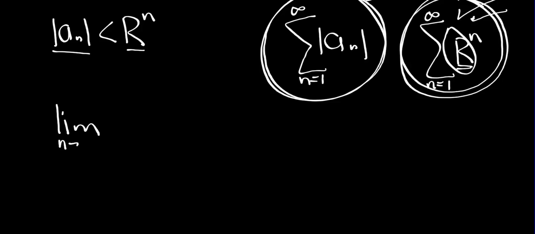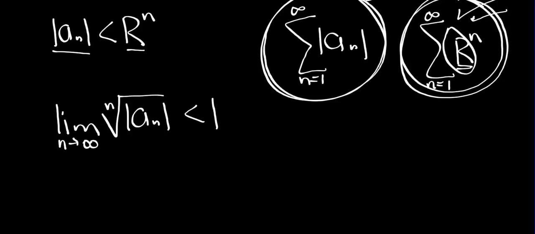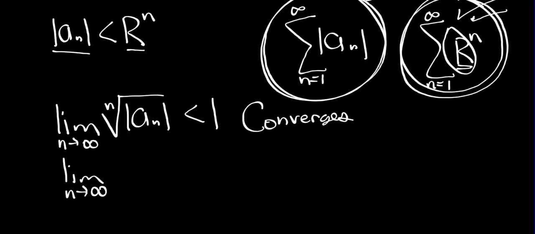So here's what we have. We're going to have the limit as n goes to infinity of the nth root of the absolute value of a sub n. Now, if this is less than 1, we have convergence. On the other hand, if it's bigger than 1, it diverges.